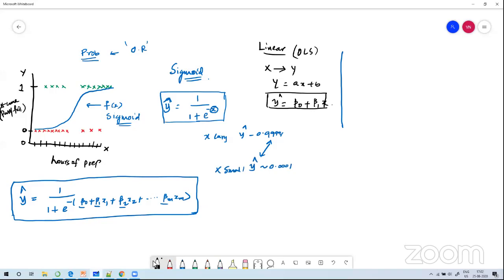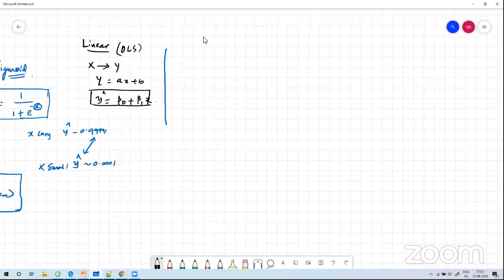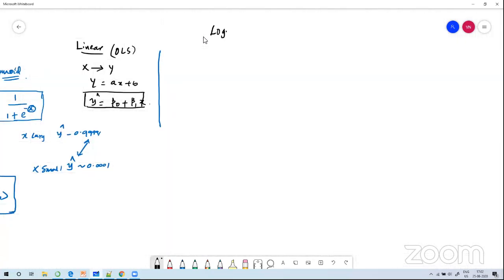Okay, so instead of using ordinary least squares in logistic regression, we use another cost function that is called maximum likelihood, and a modified version of it we call negative log likelihood.